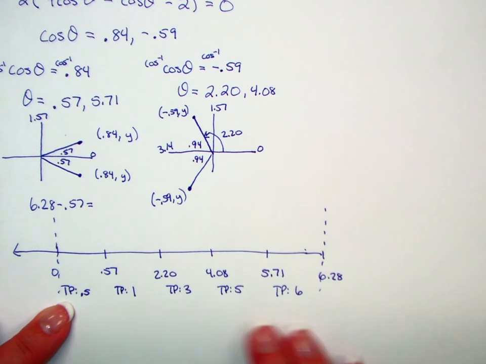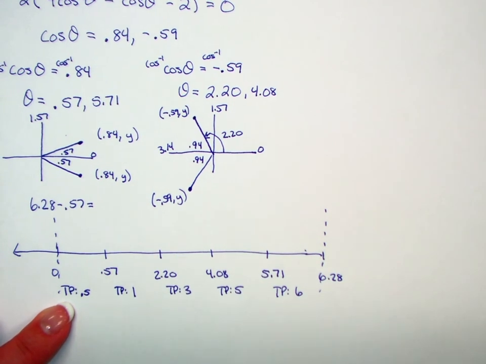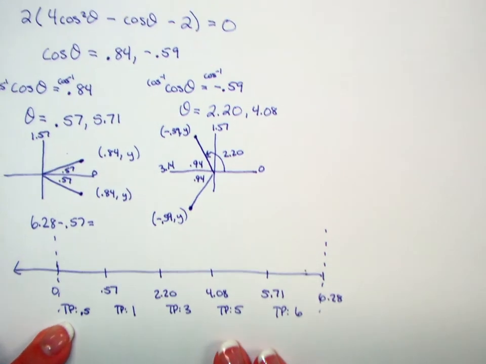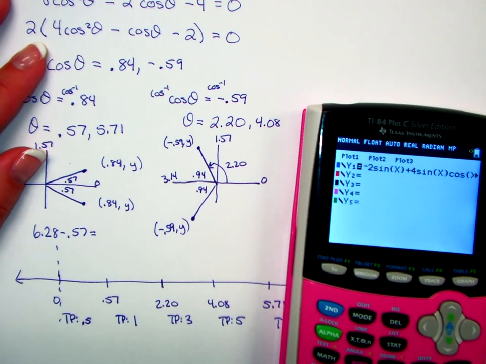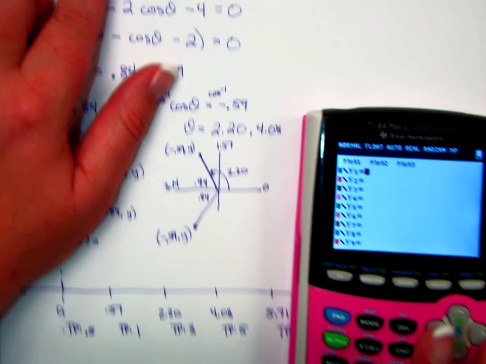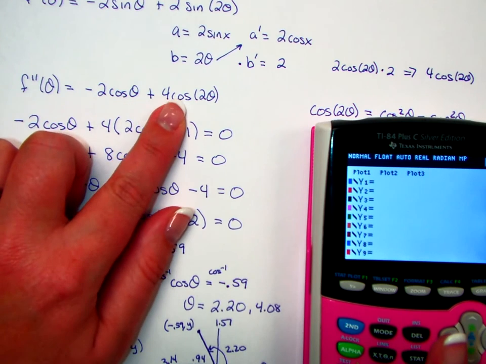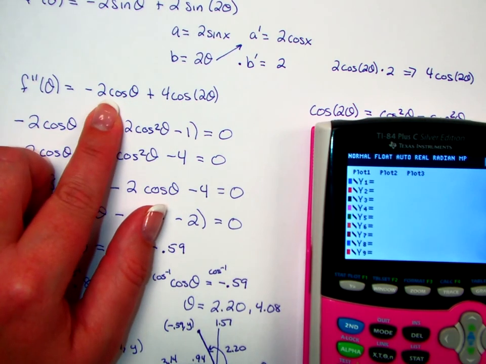Okay, so I'm going to use my second derivative in the calculator and the table again to figure out where it's positive and where it's negative. I am going to opt to use our original second derivative here, negative 2 cosine x plus 4 cosine 2x.